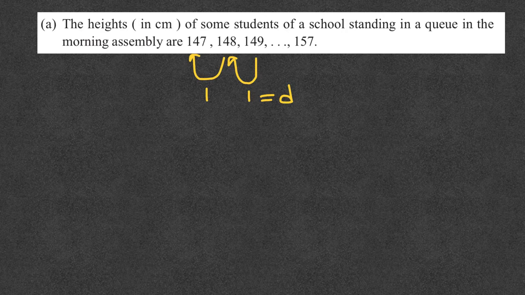What is the first term over here? It is A1, 147. And this is the last term over here. Let us label that as AN, the nth term. So, we know the first term and we also know the last term. Such an arithmetic progression where we know the last term also is called a finite arithmetic progression.